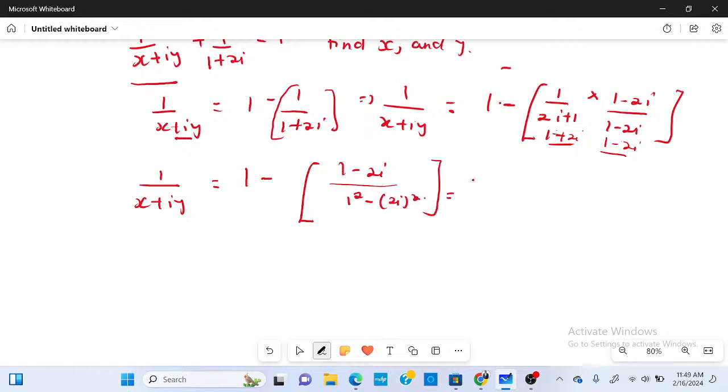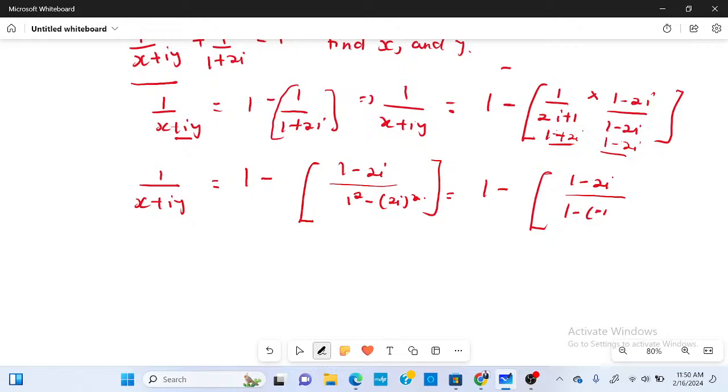So this gives us 1 minus the expression 1 minus 2i over 1 squared minus 2i all squared. What is that? 2 squared is 4, i squared is negative 1, right? So I'll get 1 minus negative 4.